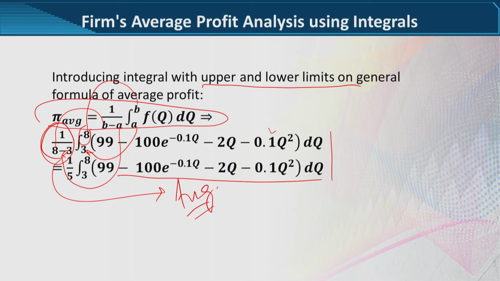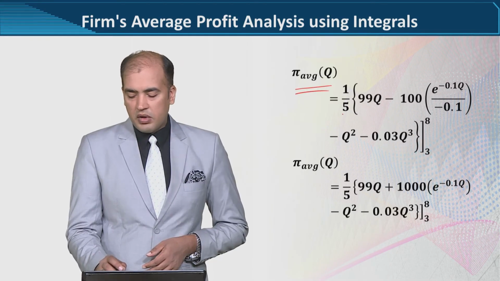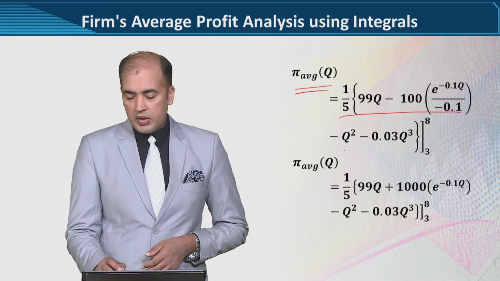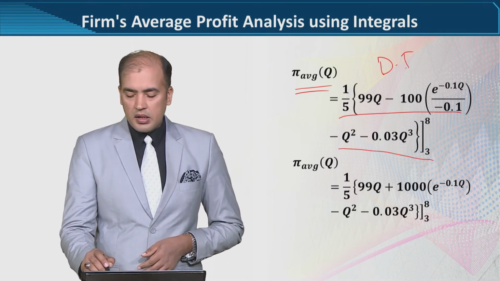हमने यहाँ पर right hand side में वो function लिखा जो कि total profit function था, और इसकी integration करने के बाद it will become average profit function. Now average profit function is there, and for that what we are trying to do is we are integrating the expression. Again मैं आपके लिए ये छोटी सी rehearsal रख रहा हूँ.